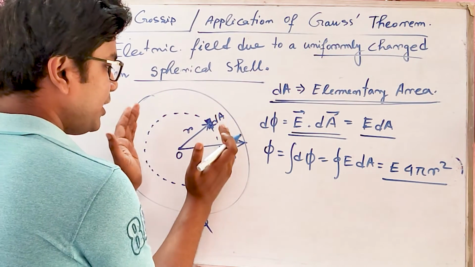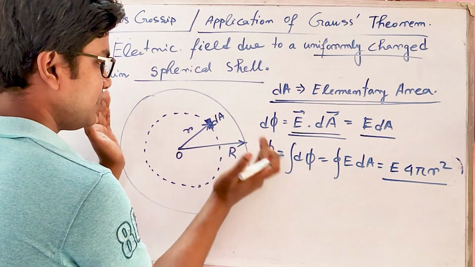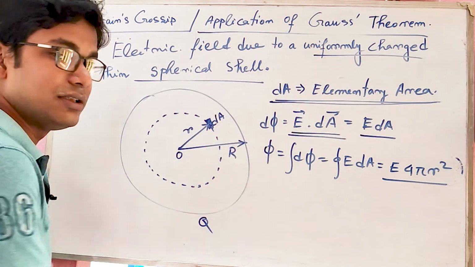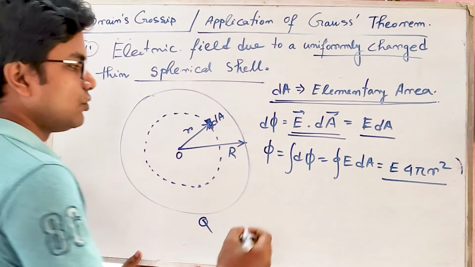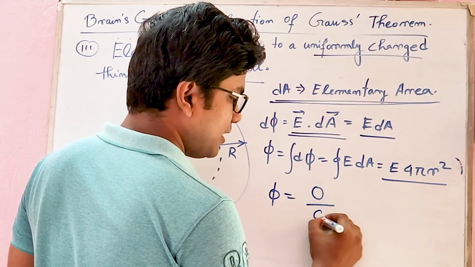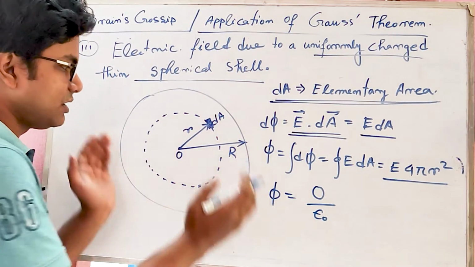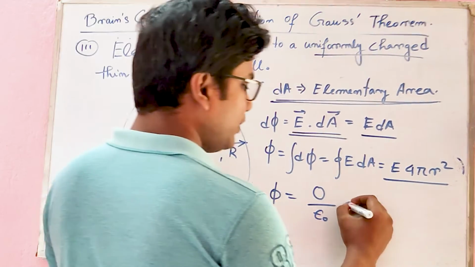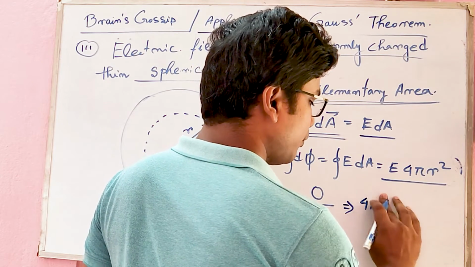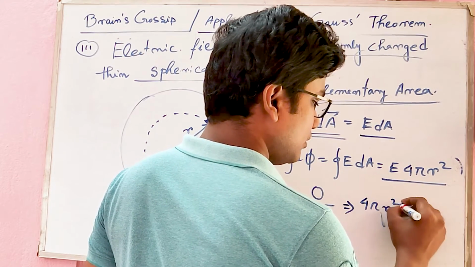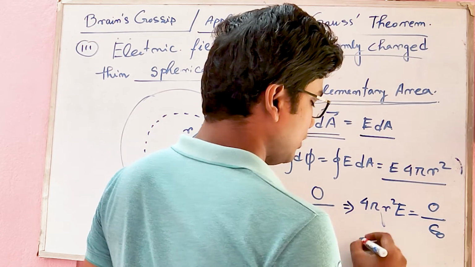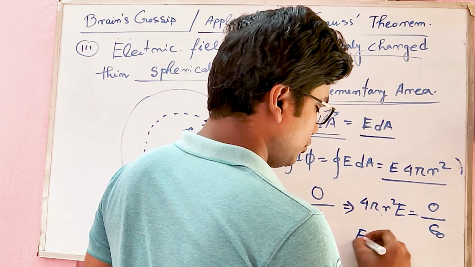So from the point of view of this Gaussian surface which is inside the spherical cell, no charge is enclosed by it. So we can write phi equals 0 by epsilon naught, because no charge is present in the Gaussian surface. So we can write 4 pi r square E equals 0 by epsilon naught. So that becomes E equals 0.